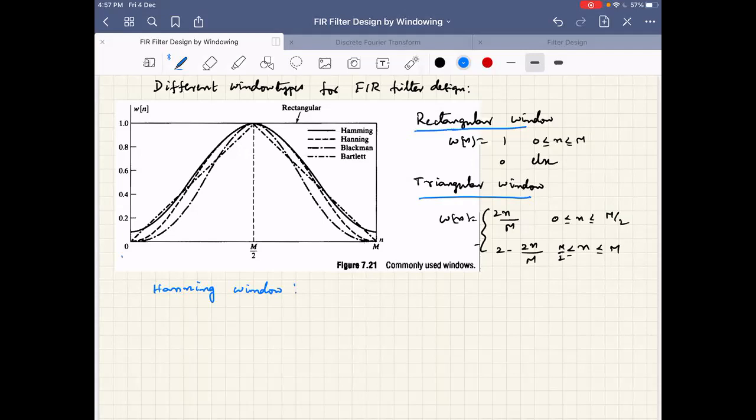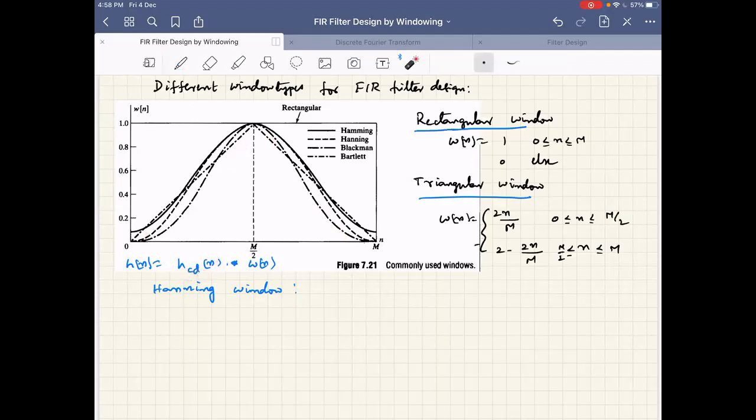So what we are doing is a dot star of this with respect to h d of n. I will write it as a separate expression. To get the practical impulse response, we take the desired impulse response h d of n multiplied, dot star, with w of n. So the rectangular window suddenly tapers off like this, whereas the triangular window multiplies like this.